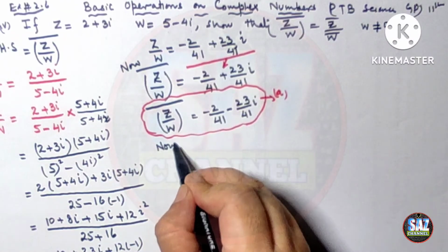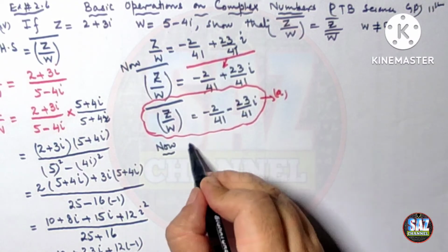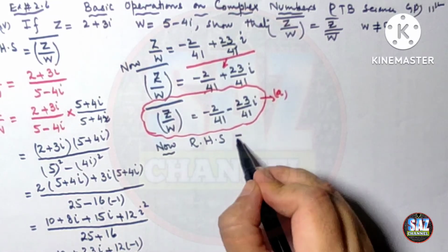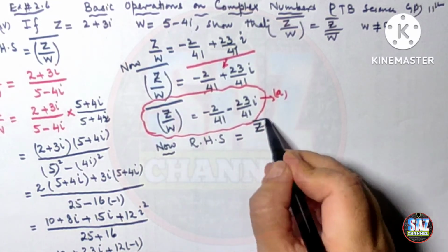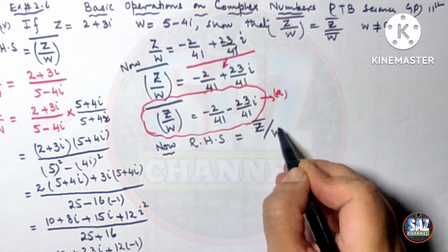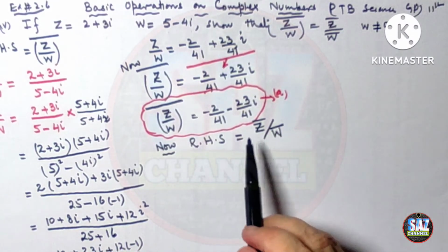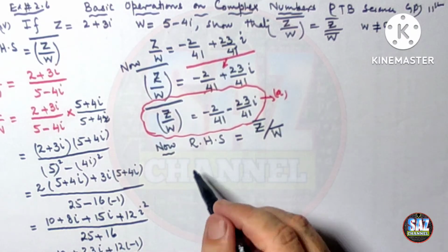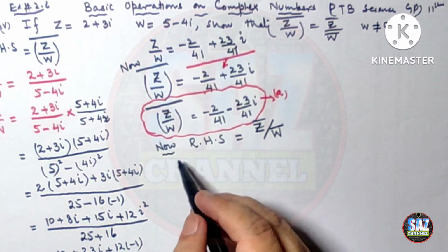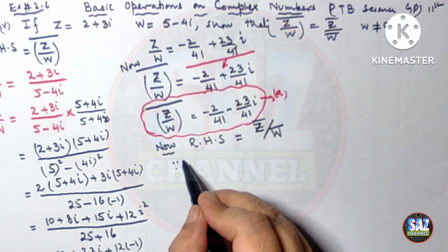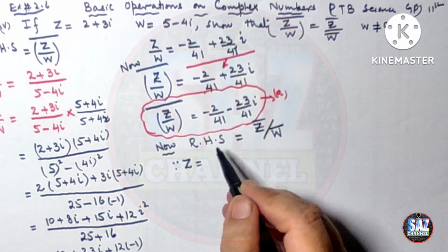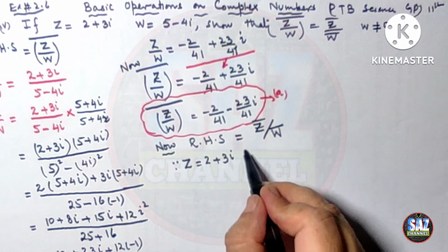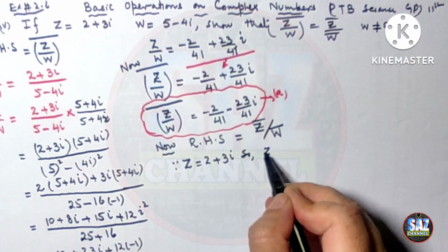what we have to do is that we have to take the right hand side, which is equal to Z bar upon W bar. Here we are just telling the examiner that we are taking this side. Now Z equals 2 plus 3 iota, so Z bar equals 2 minus 3 iota.